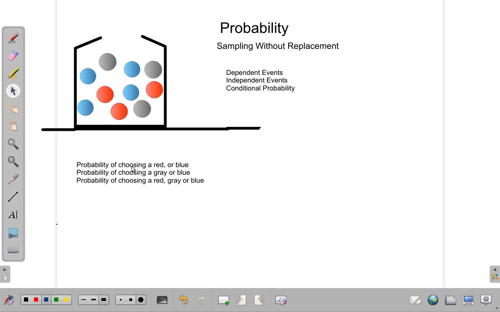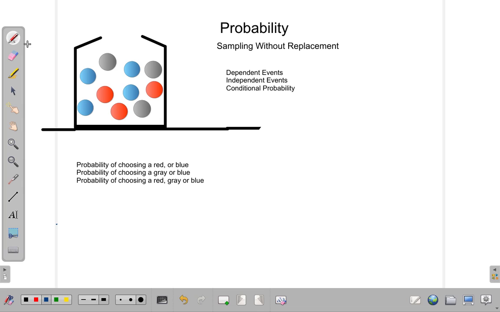So notice, you're picking any ball. Here, you want to find out the probability that it is red or blue. Notice the word OR, as opposed to previously when we picked 2 times and we said and.